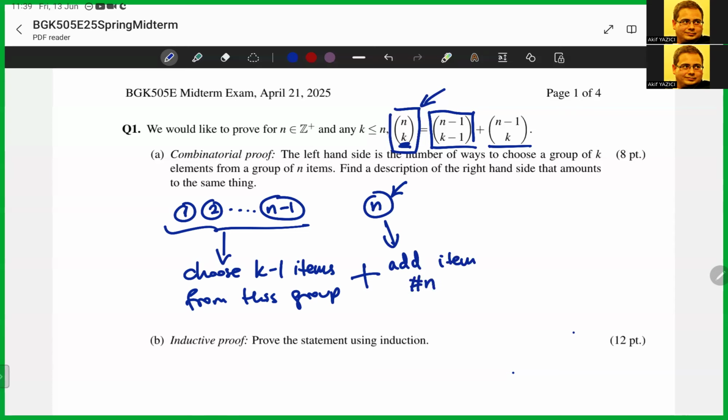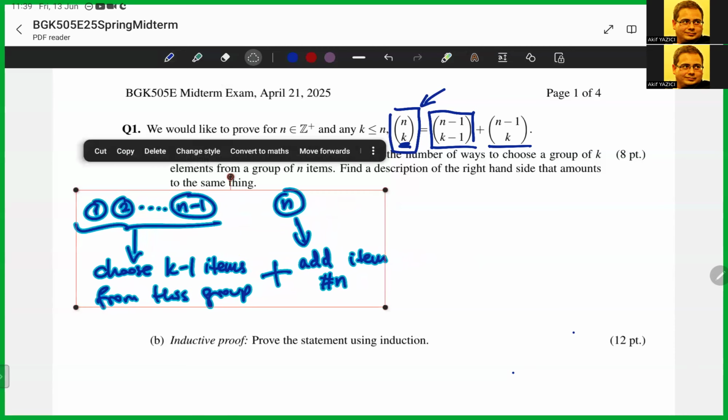So this is one way to form a group of k. You can choose k minus 1 out of the first n minus 1 items, and you can add item number n, which in total will give you a group of k. And these groups, each of them will include item number n. So now I'm going to put this aside. That's one way.